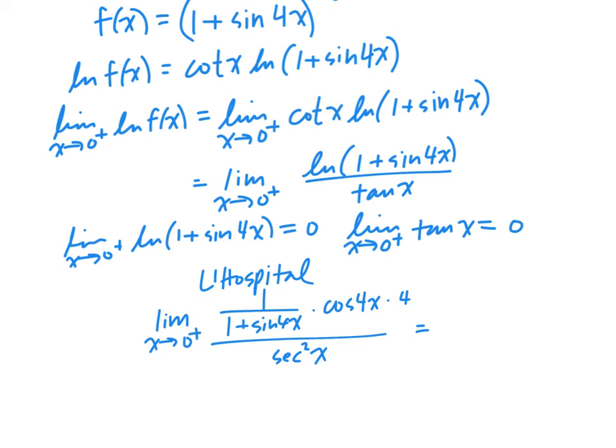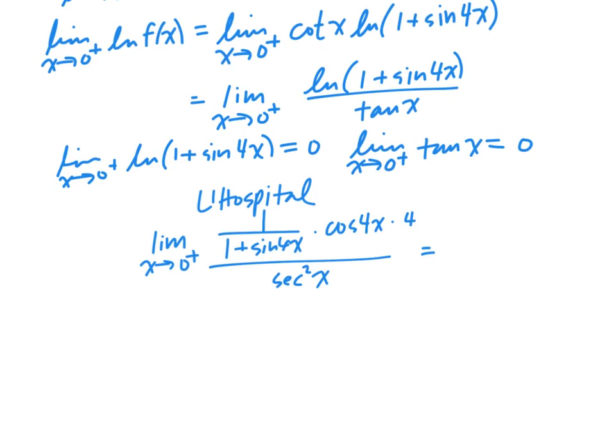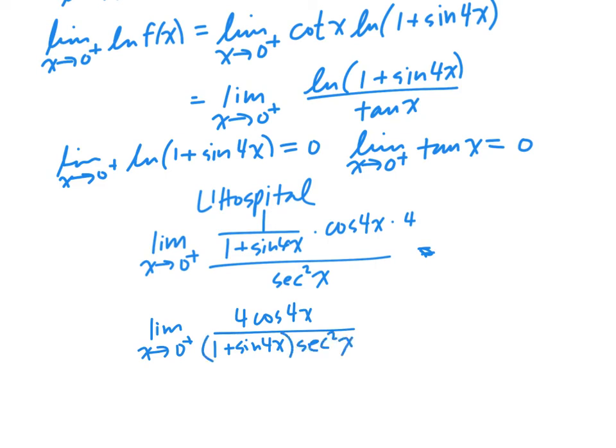I'm going to just simplify this so it's easier to look at. 4 cosine 4x over 1 plus sine 4x, and then that secant squared is a denominator, so it comes together. Plug in 0.